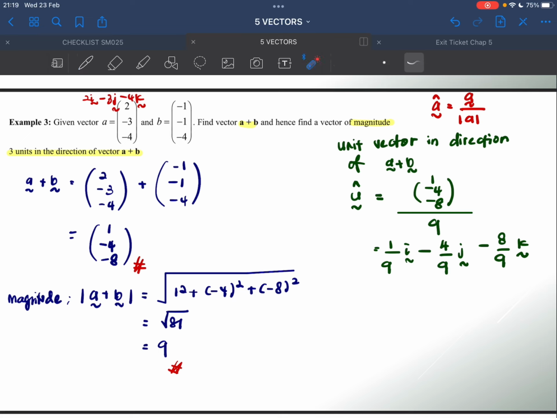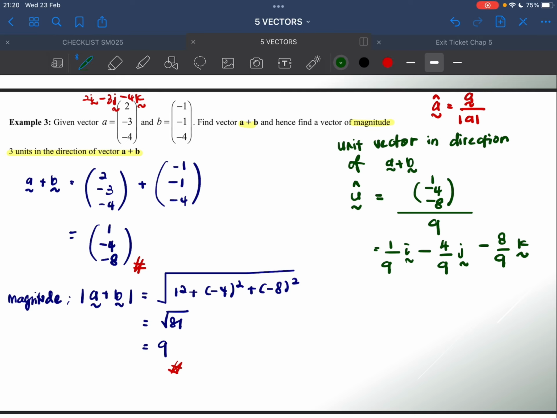But the question doesn't say find the unit vector. You have to find a vector of magnitude 3 units in the direction of A plus B. Your unit vector has magnitude 1 unit in the direction of A plus B, so this is only 1 unit.